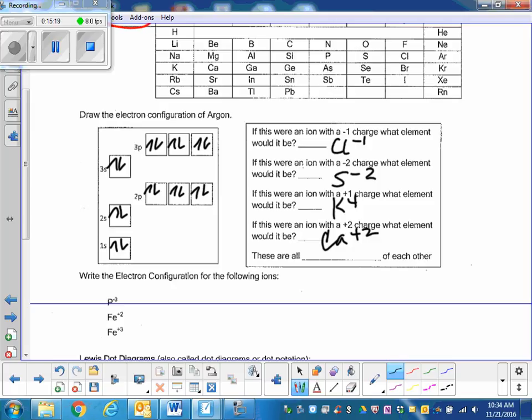They all have 18 electrons. They are called isoelectronic of each other. Iso meaning same number of electrons, in this case. Isobars, same pressure. Isotopes, same number of protons with different number of neutrons.